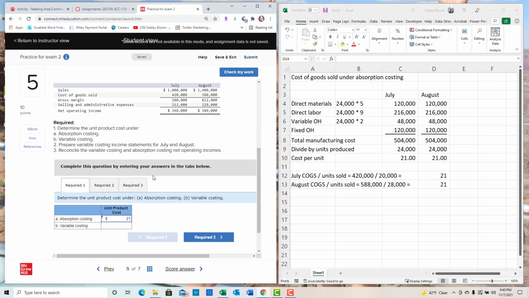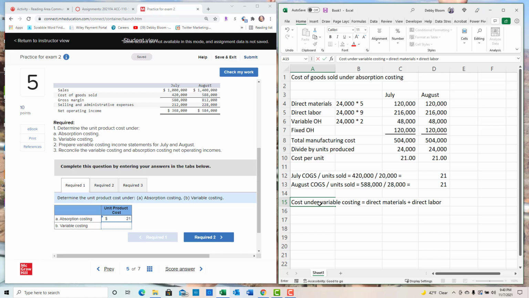Now let's take a look at variable costing. So our cost per unit for variable costing is just the direct materials plus the direct labor plus the variable overhead. So under variable costing, we do not include fixed costs as a part of the variable cost of goods sold. Fixed costs are just subtracted in total.